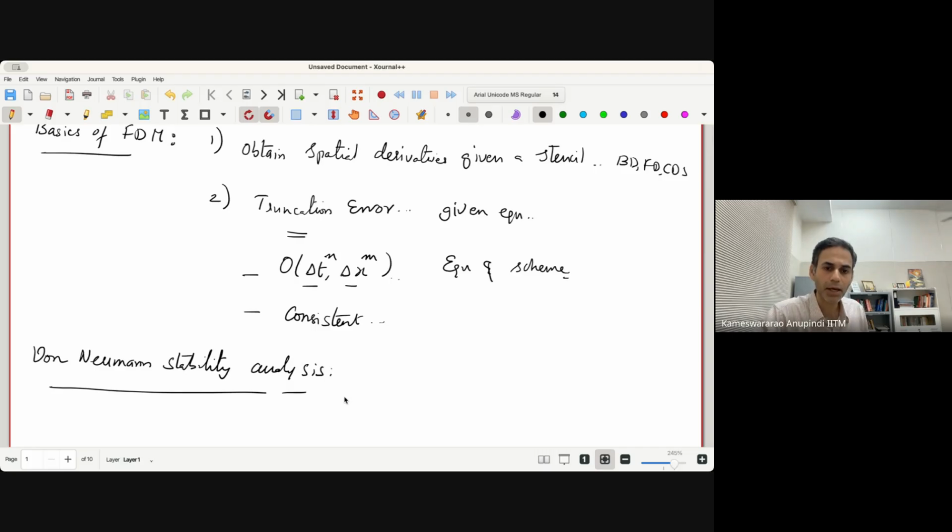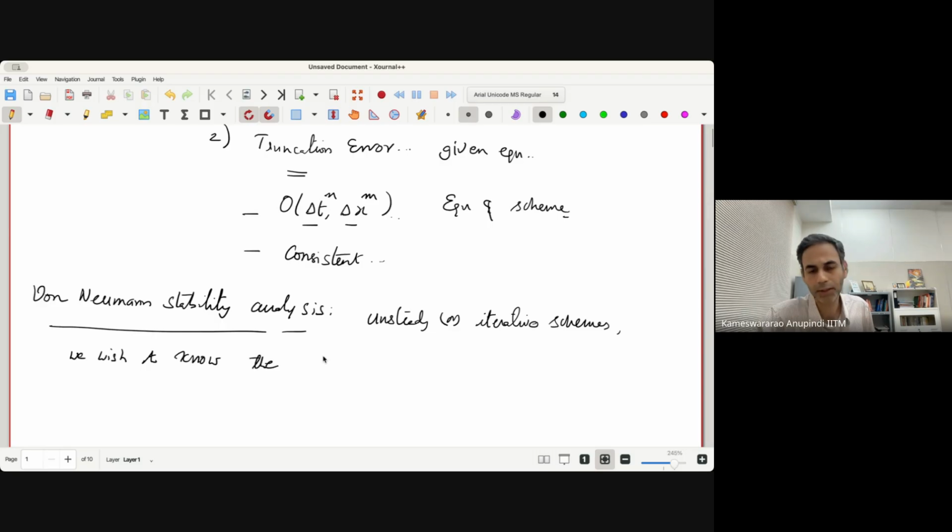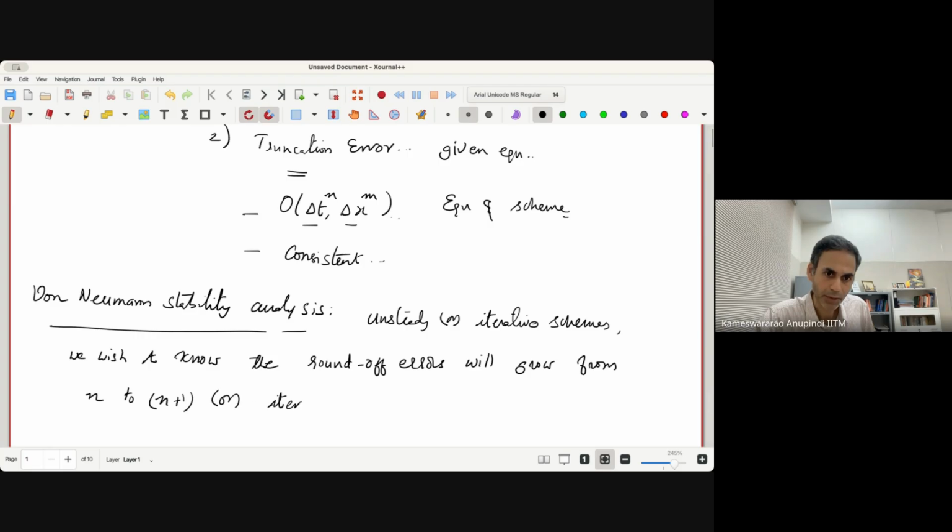In stability analysis, whenever we deal with unsteady or iterative schemes, we wish to know whether the round-off errors that we have will grow from time step to time step or iteration to iteration.